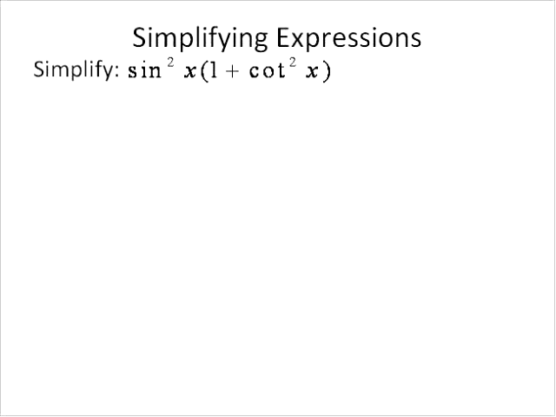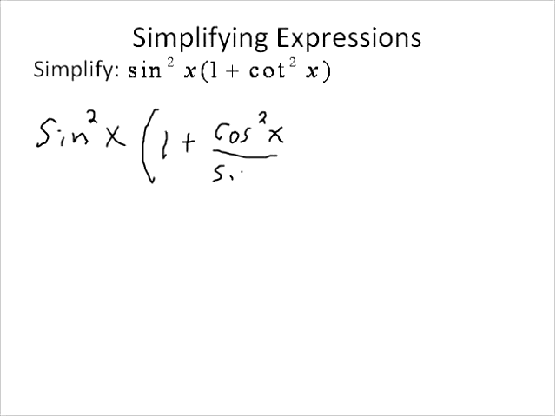Here I've got sine squared x times 1 plus cotangent squared x. Okay, well, let's see. I'm going to write that out as sine squared x times 1 plus the cotangent. And cotangent, looking at my formula sheet, is really cosine over sine. So it'll be cosine squared x over sine squared x.